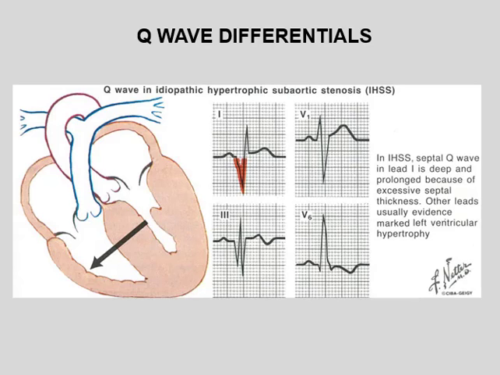Other leads usually evidence marked left ventricular hypertrophy, such as V1 and V6 in this case. And you would look for the normal left ventricular pattern in your ECG if you have left ventricular hypertrophy.